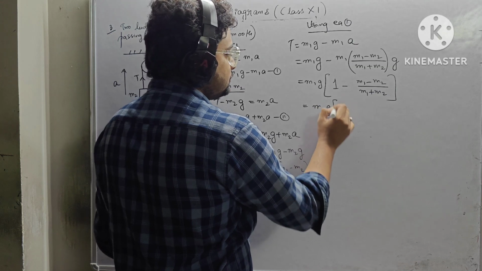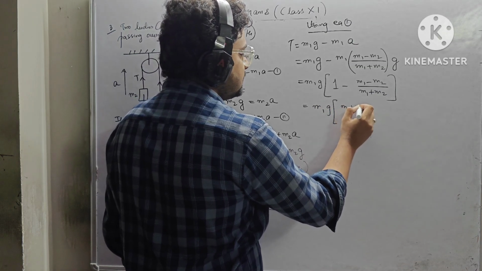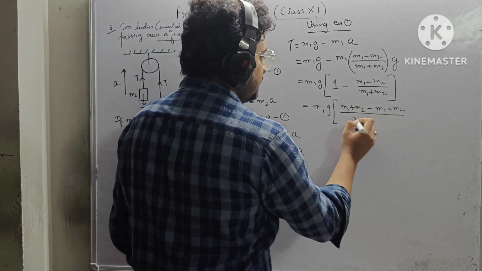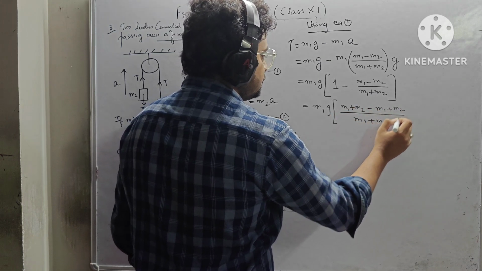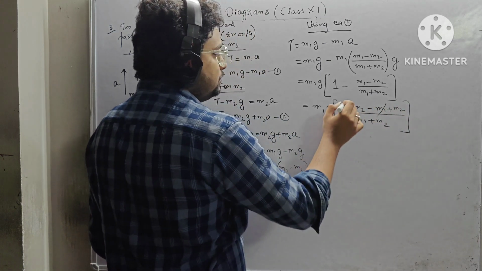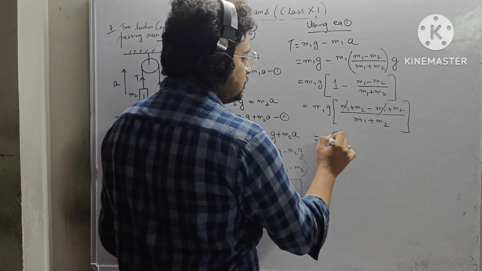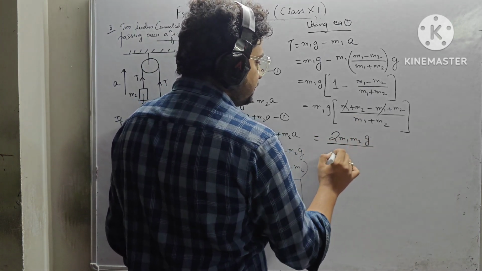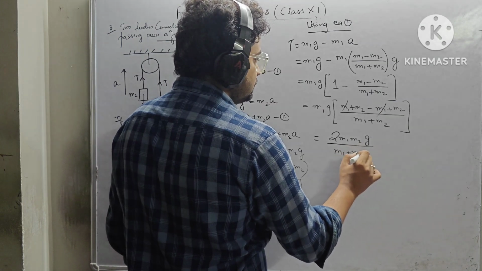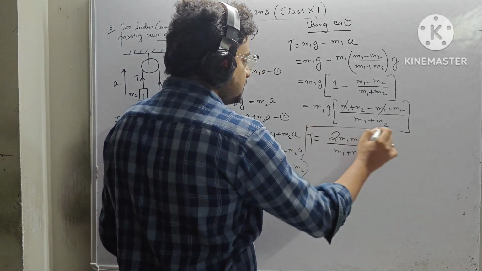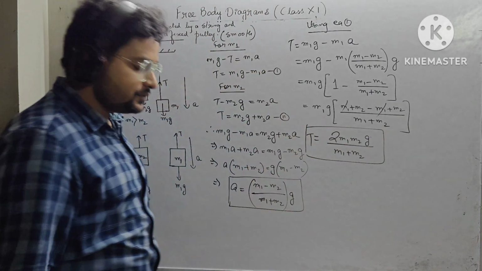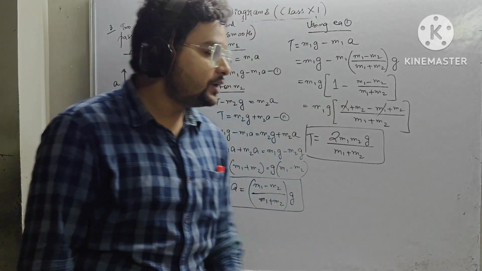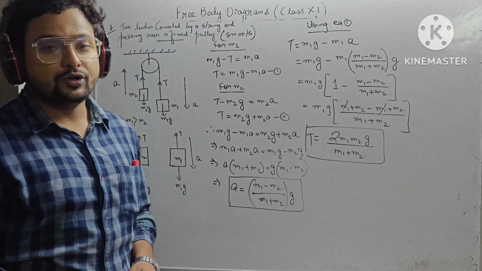So M1G into (M1 plus M2 minus M1 plus M2) divided by (M1 plus M2). So we will be left with 2 M1 M2 G divided by (M1 plus M2). This is your tension.